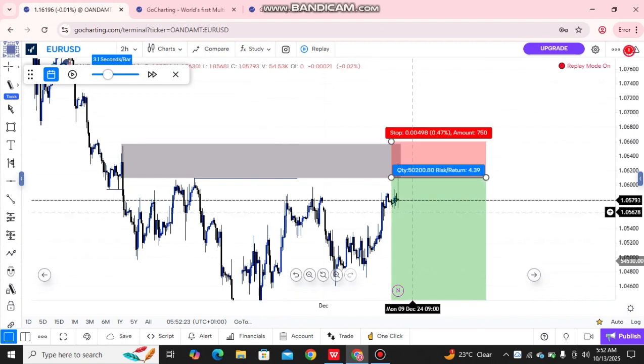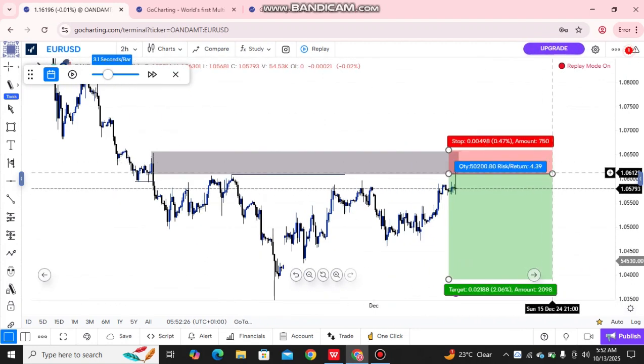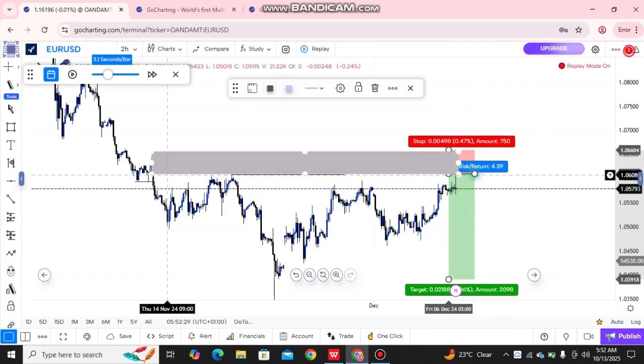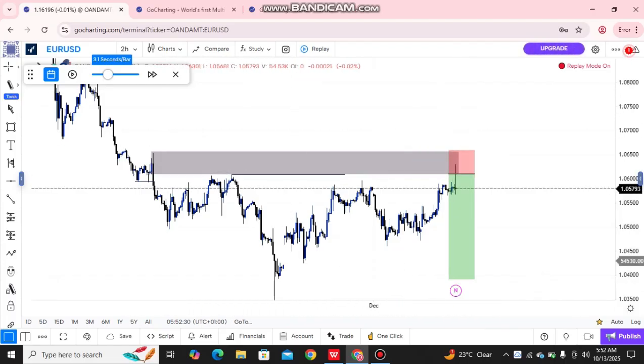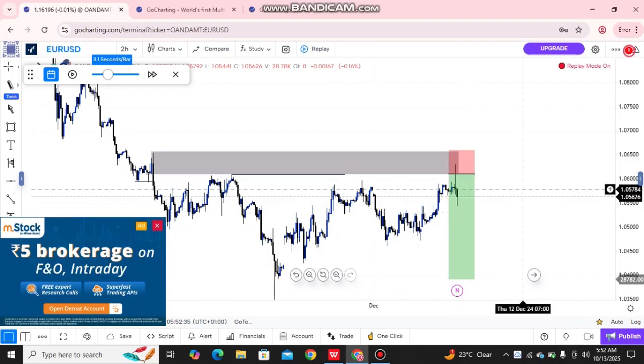So this is an aggressive trader's perspective. To them, there's no need for confirmation. All they know is that once price has got into their supply or demand zone, they are in it for their sell or their buys. So you can see price already moving in that direction.